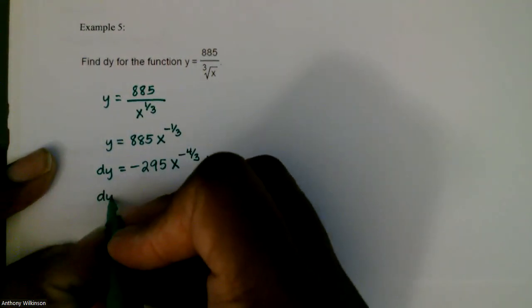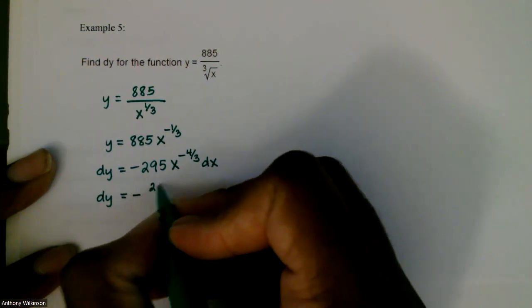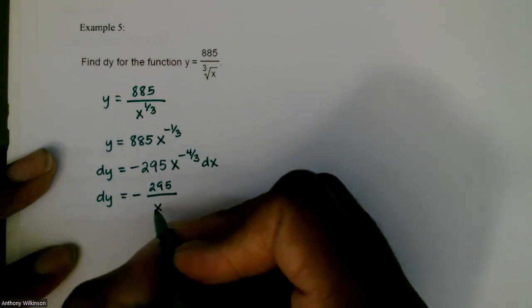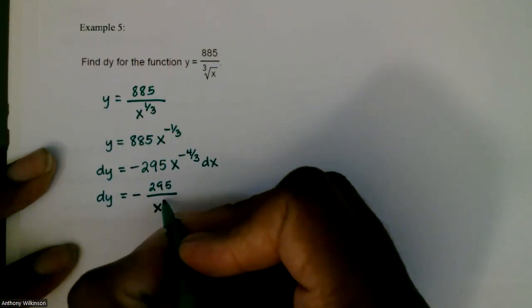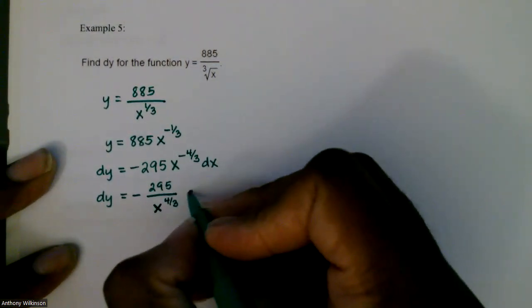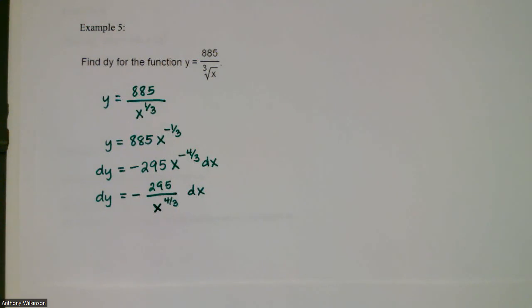So I'll write that as dy is equal to, put the negative in front, and then 295. And then the denominator, I'll pull the x in the denominator. That negative 4/3 will become positive 4/3. And then dx. So dy is equal to negative 295 over x to the 4/3 times dx.